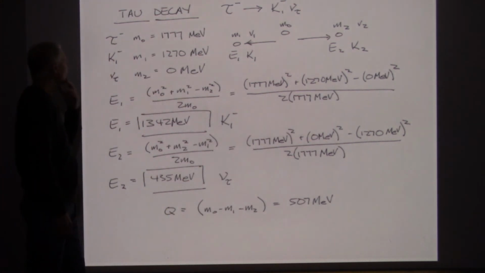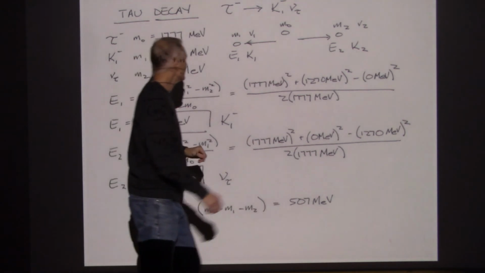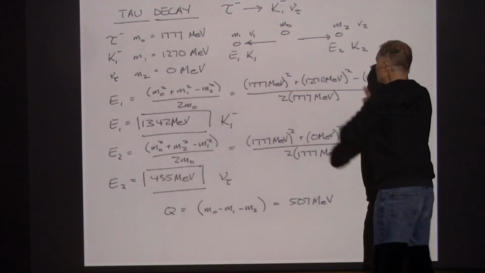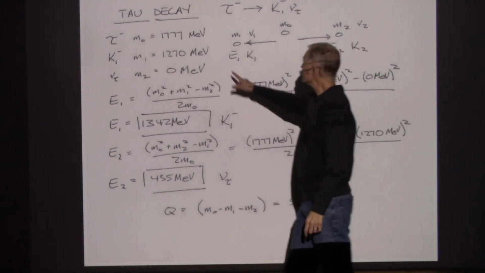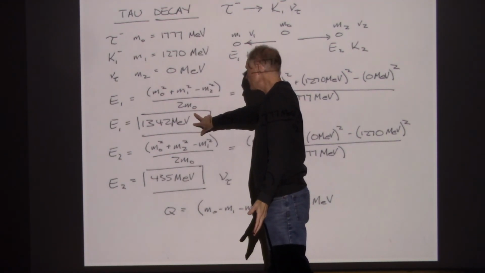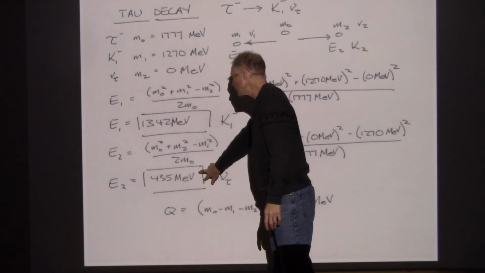Well, that's not a problem for special relativity, so going back to our energy formulas, plugging the numbers in very carefully, just the numbers that were given, and dividing through by 2 times m0, it says that the K1 will end up with 1,342 MeV, and the neutrino will end up with 435 MeV.